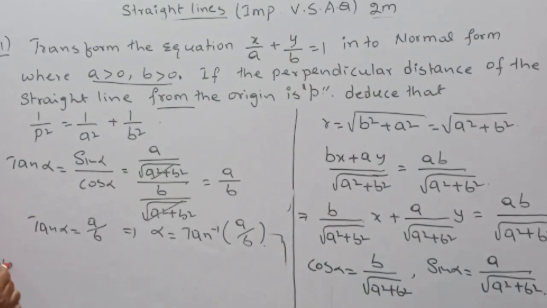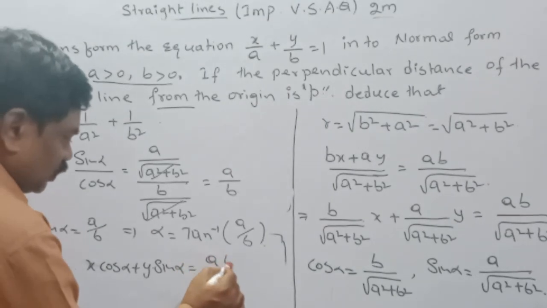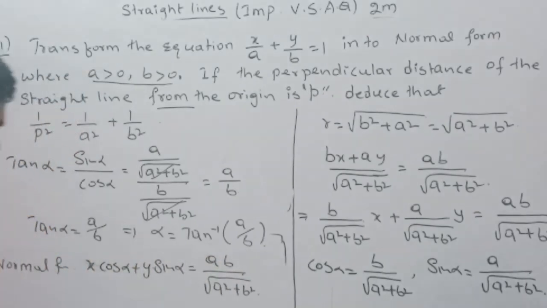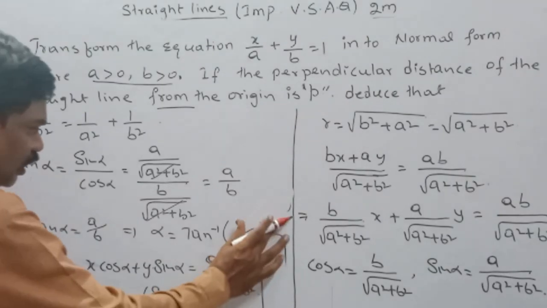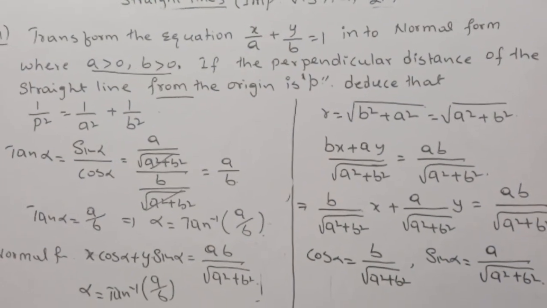Then what is normal form? Normal form, that is x into cos alpha plus y into sin alpha is equal to ab by root over a square plus b square, where alpha is equal to tan inverse of a by b, is the normal form of the equation. Okay, all of you.